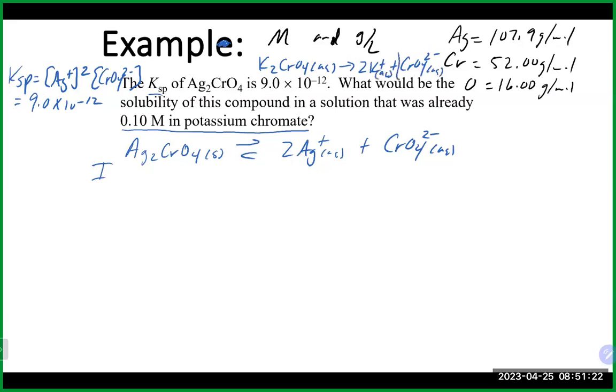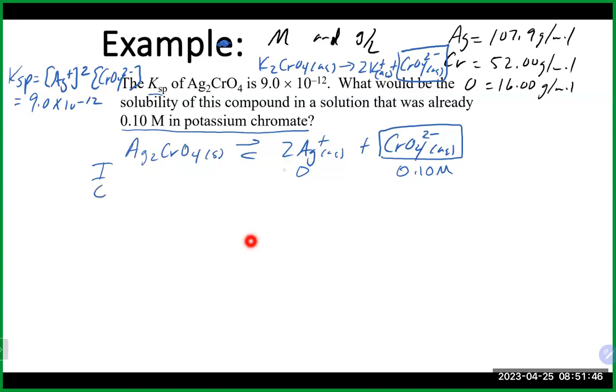And once again, it is the chromate ion that is the common ion that we would see. That's really important when we do our ice table because that should be 0, but we should then have an initial concentration that is coming from the potassium chromate for the chromate part. That's what's going to hopefully push it the other way.